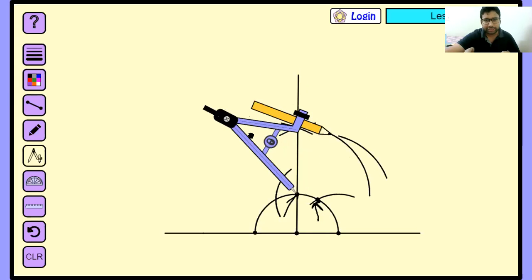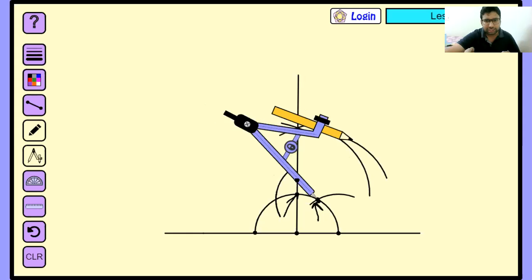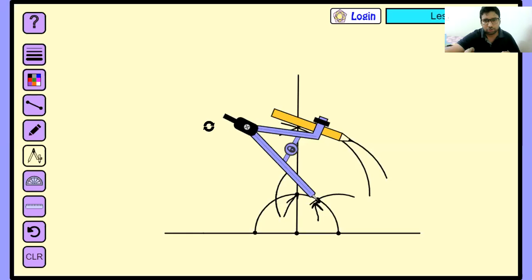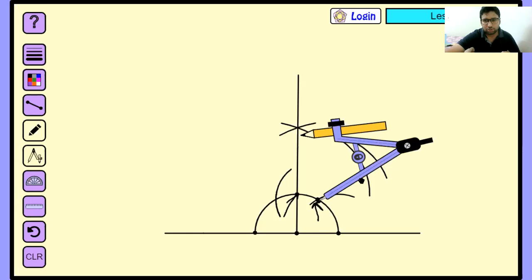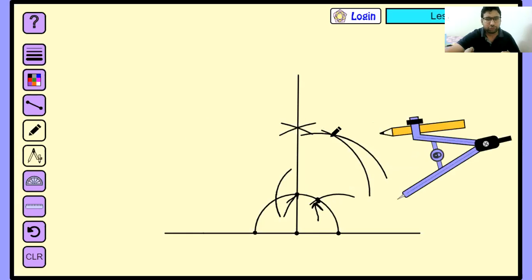As it is not cutting right now, I will again have to extend the previous arc. So it is cutting here somewhere. Now we have got the point. Let me take this line again. And this is the required angle. Let me check it, how close it is.